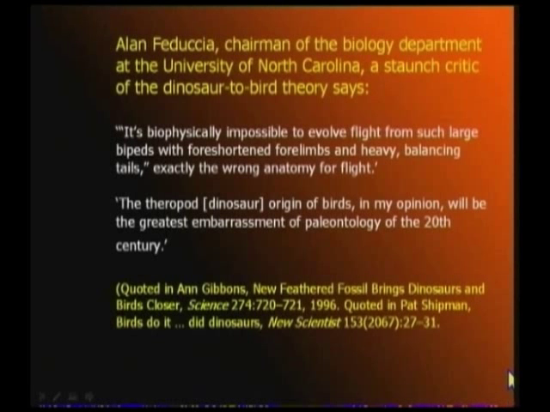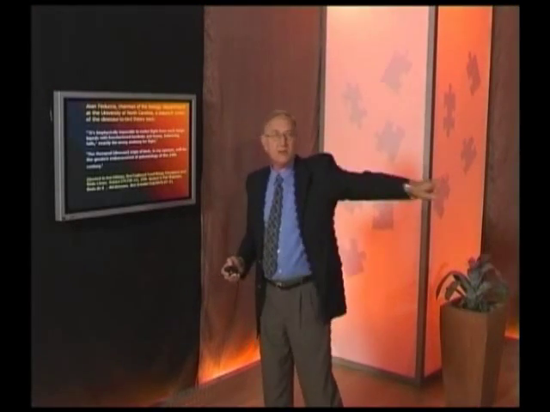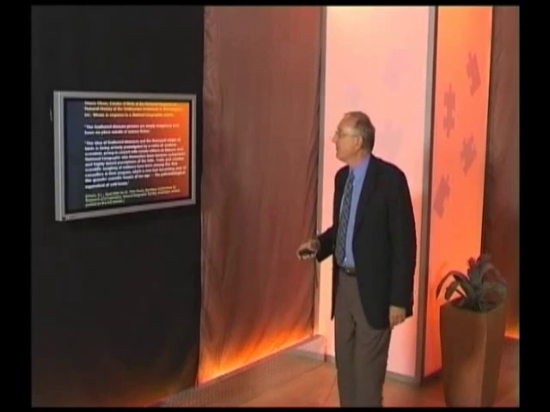Alan Fiducia writes, "It's biophysically impossible to evolve flight from such large bipeds with foreshortened forelimbs and heavy balancing tails, exactly the wrong anatomy for flight. And the theropod dinosaur origin of birds, in my opinion, will be the greatest embarrassment of paleontology of the 20th century." You see, the top scientists don't concur with what the media puts out.